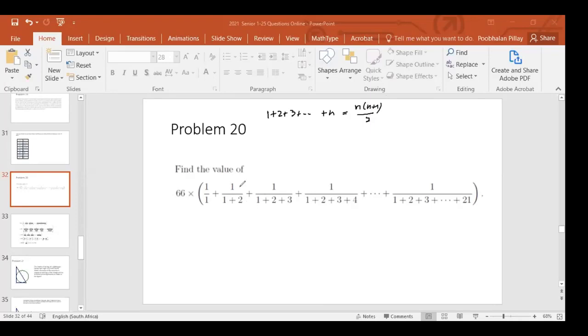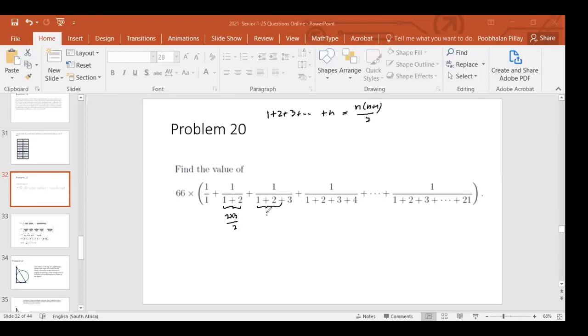So we can do that here now. I'm not going to calculate this. I'm just going to say that this is 2 times 3 divided by 2. And you can see that is 3, 1 plus 2 is 3, but I'm using the formula.